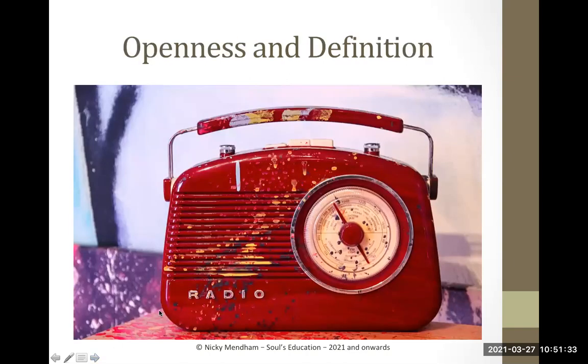The next thing I want to look at with you is the difference between openness and definition. And I like to see this as a radio station. With a defined center or defined gates, which we will look at in a second, it's almost as though you've got a radio and you're tuned into one particular channel.